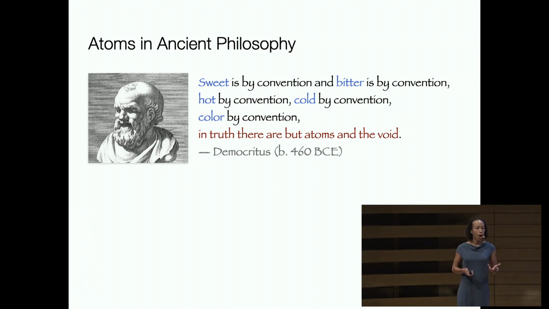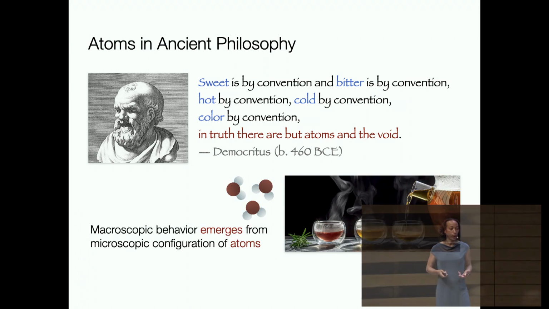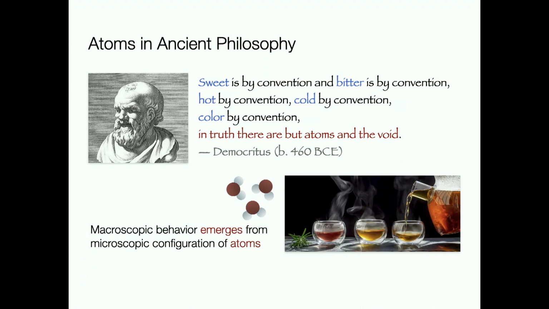To put this in modern language, he's saying that macroscopic behaviors such as taste, temperature, and color really emerge from the microscopic configurations of individual atoms. At the time, that was revolutionary because atoms were not something we could just see under the microscope.